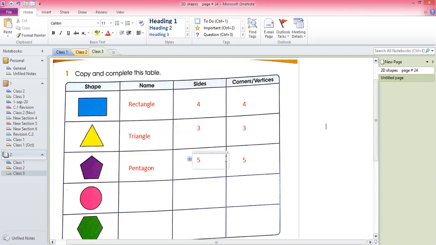Okay. So write about the circle. This is a circle. How many sides does it have? Only one. And that side is curved, this whole side. This is the only side a circle has.